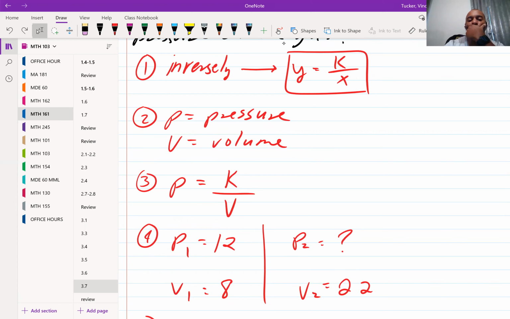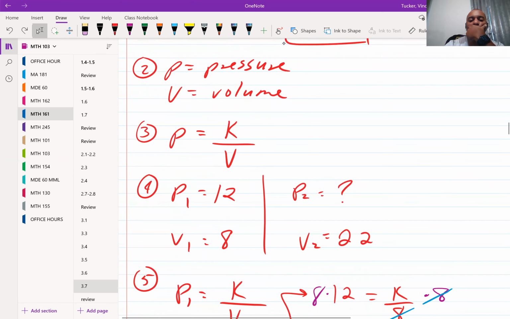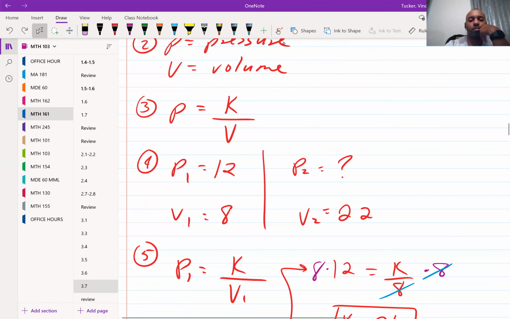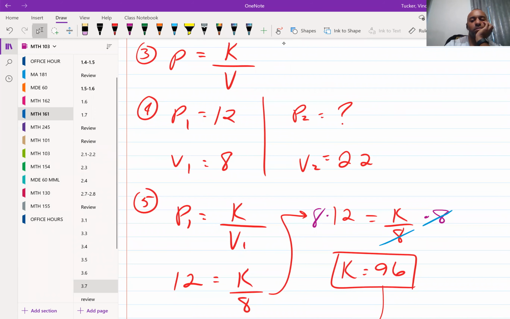Any problems? So now we want to figure out what K is, and we'll use the first set of information to do that. Plug in 12 for P, 8 for V. Solve for K, multiplying both sides by 8, and that'll be 96. K is equal to 96.